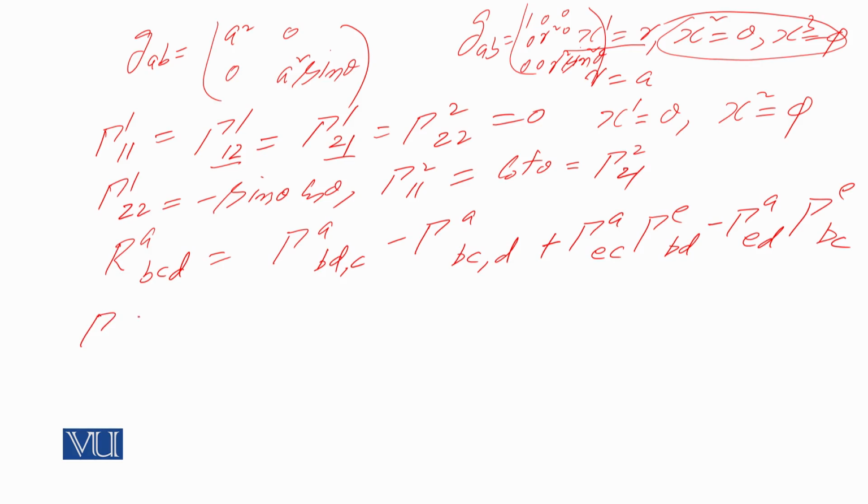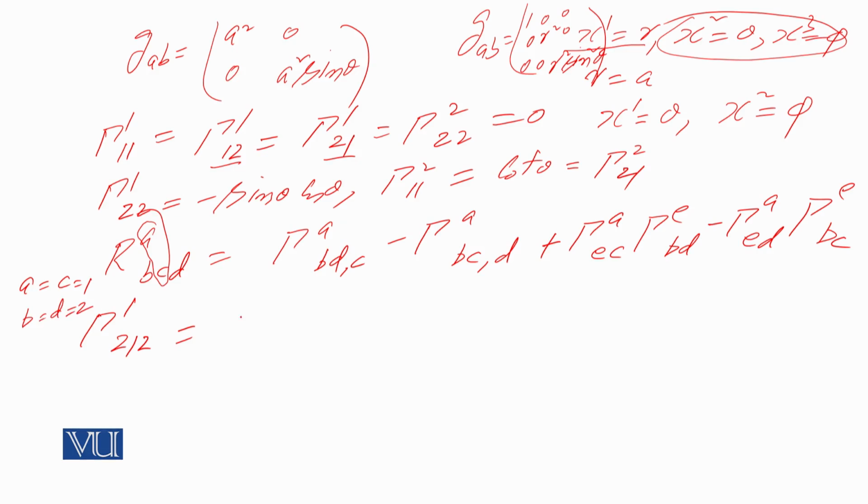For example, we want to calculate R^1_212. So in fact, we have taken a and c fixed, and b and d equal to 2. So we are taking a equal to c equal to 1, b equal to d equal to 2.